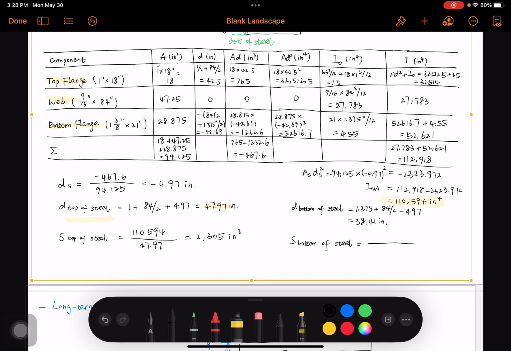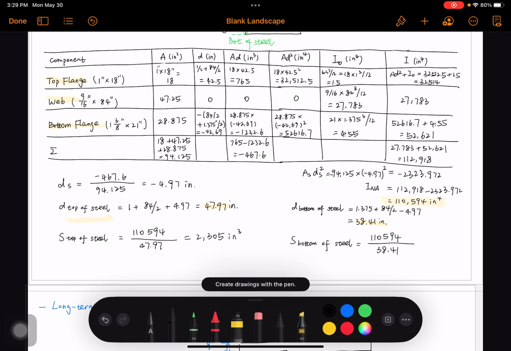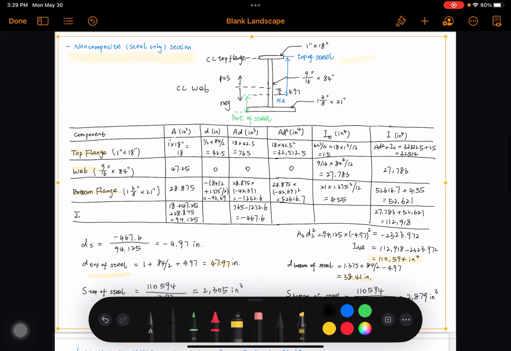And section modulus with respect to the bottom of steel is 110.594 divided by 38.41, which gives 2,879 inch cubed. So this completes the elastic section modulus and section properties calculation for the non-composite section, which has the steel girder only.